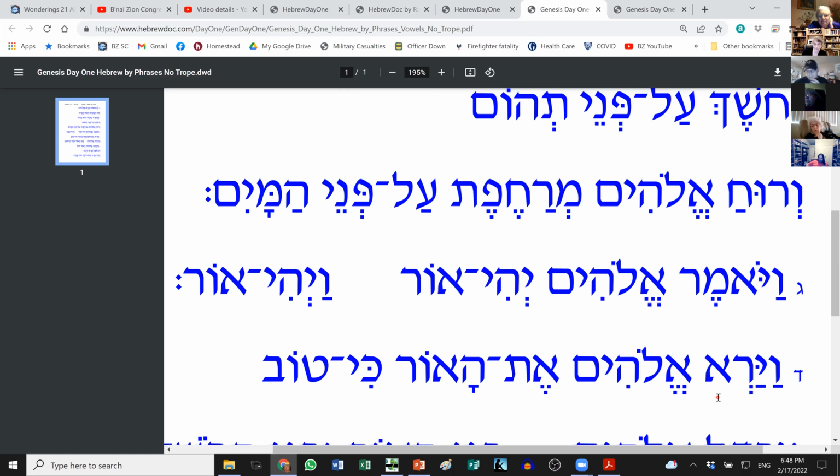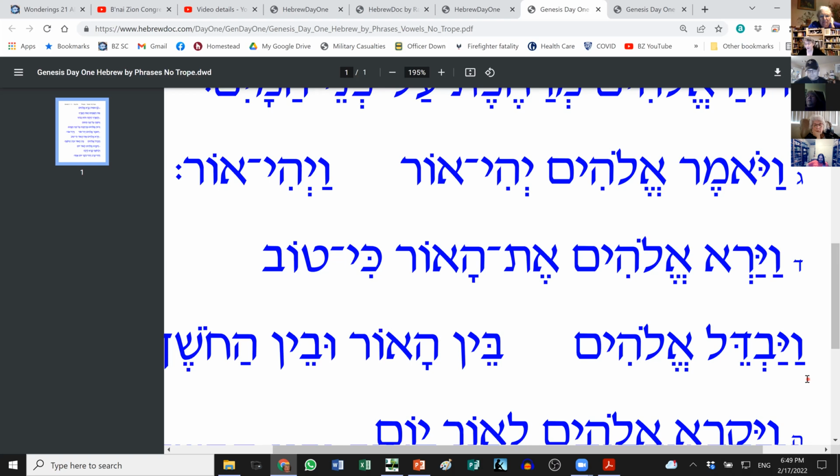They're in a different order, but that sometimes happens a lot in Hebrew poetry. Vayar Elohim, and God saw et haor, the light, ki tov, because it's good. It's good to have light, to be able to see something. No, that it is good because it's good, that it's good. And here comes one of the parts that blow my mind.